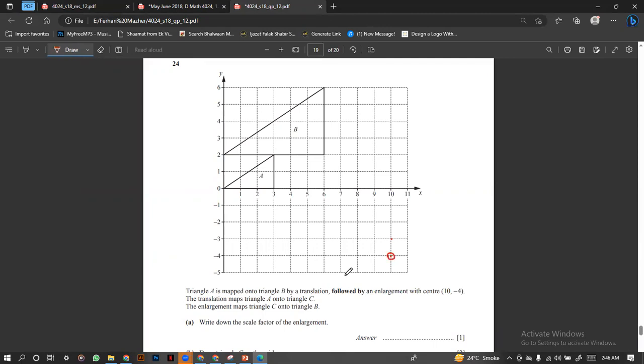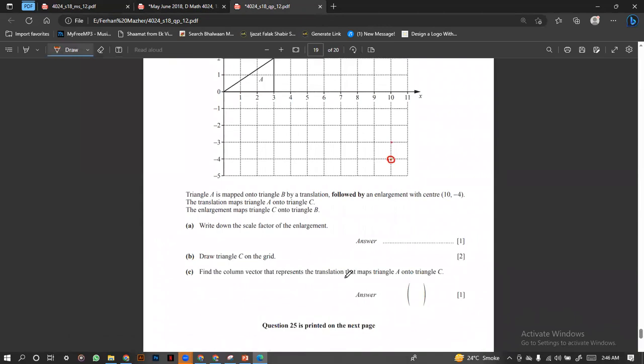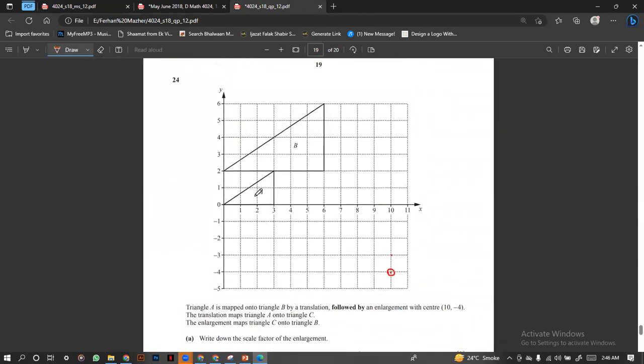Okay, so what they say: write down the scale factor of the enlargement. So this same figure was translated somewhere and then it was enlarged from this center of enlargement, and this was the image. I can tell you the scale factor of the enlargement: the side of the image divided by the side of the object.